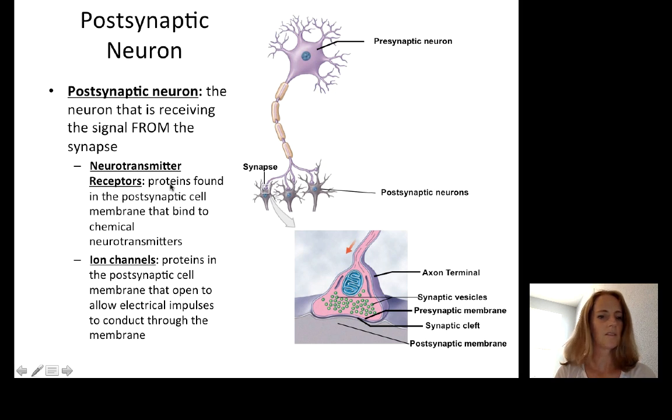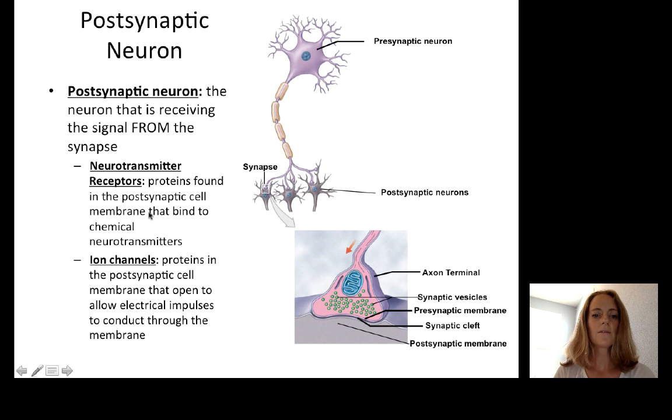These are proteins, just like any other receptor we have learned about, that are found in the postsynaptic cell membrane. They will specifically bind to chemical neurotransmitters, and they will receive that signal. The neurotransmitter receptors often are ion channels, or they are coupled next to and very close to ion channels.